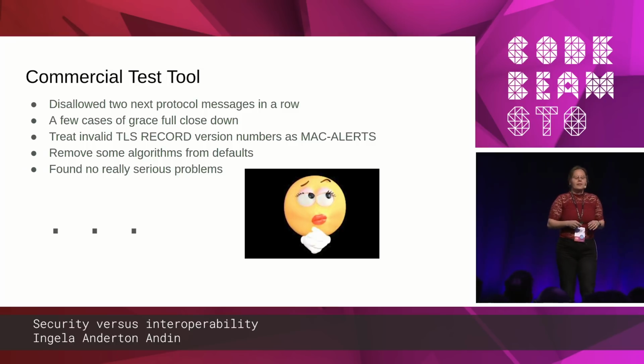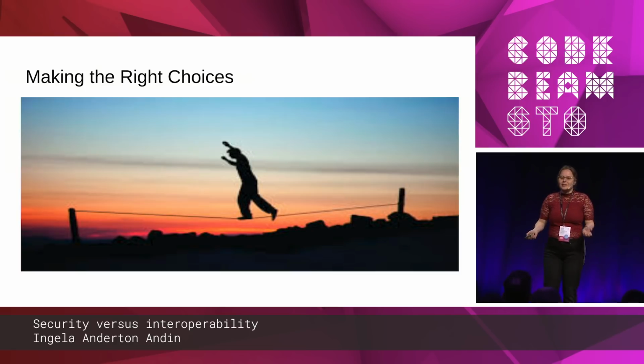We gave another error message for TLS record version numbers, so this should be a message authentication error if it's incorrect. And we removed some algorithms from default values. But we didn't really find any serious problems. Making the right choices when it comes to interoperability versus security is hard.